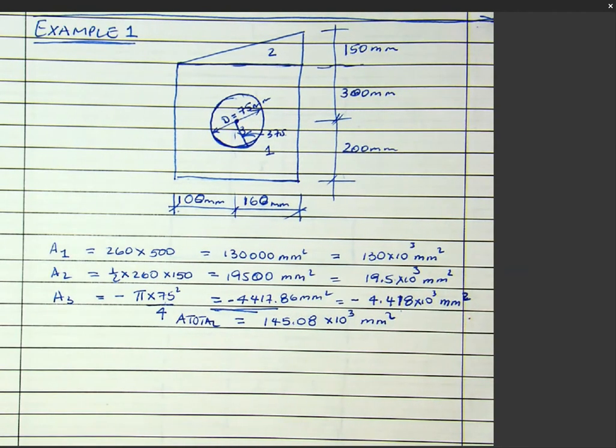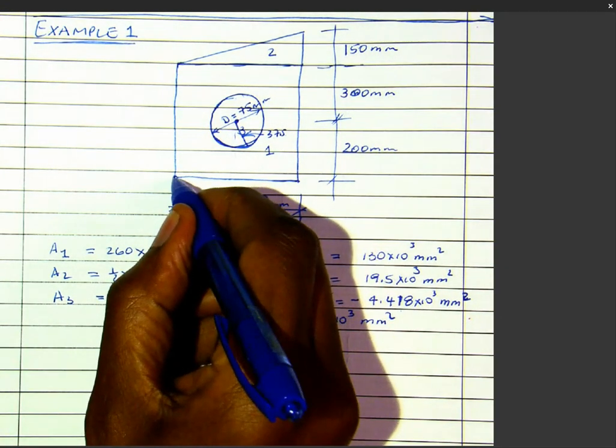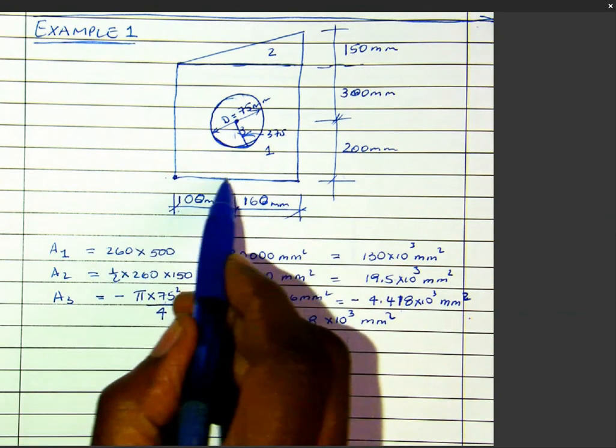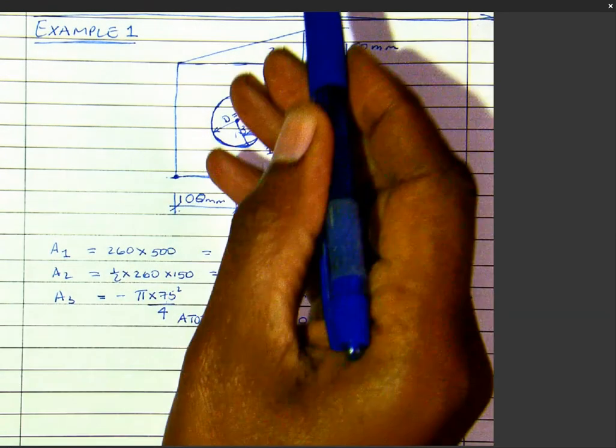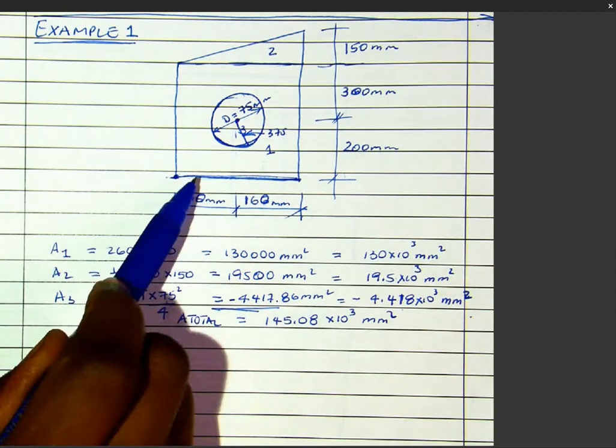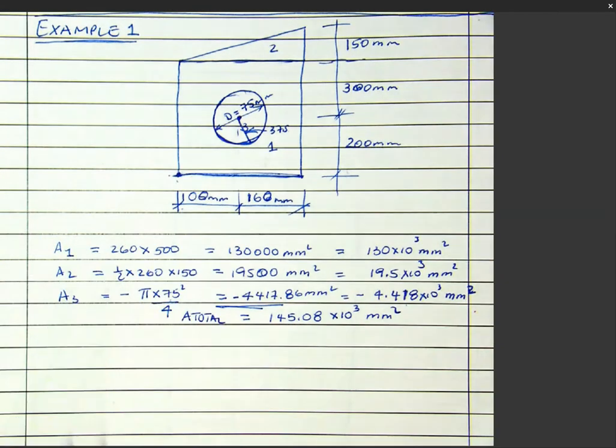Okay, fine. Now I'm going to calculate y lower. I'm coming from the bottom, from that level, to the centroid. I want to know the distance from this level to the center of my section.